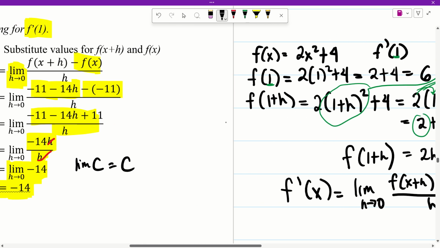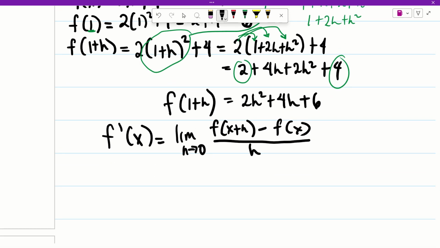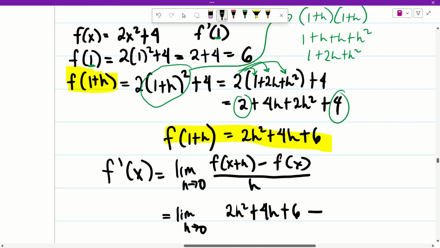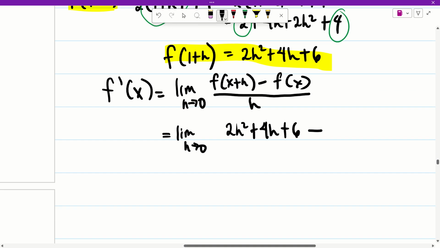So we have our f of 1 plus h, which is 2h squared plus 4h plus 6, minus our f of 1, which is 6, over h.